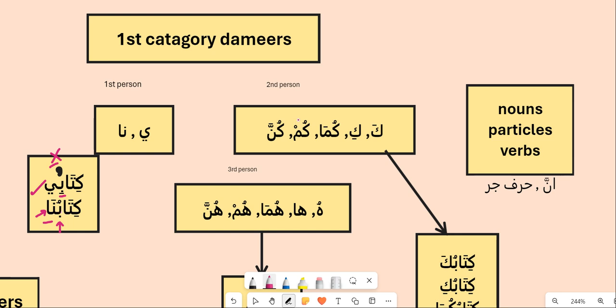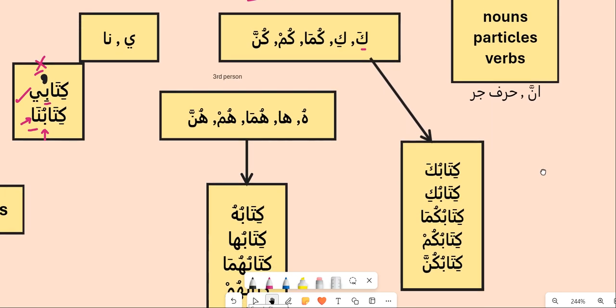And now this is the second person damir, that means for the mukhatibs. If you want to say that this is your book, for the male it's ka. I have given the examples here, as you can see on the screen. Now you want to say your book, male, kitabuka.